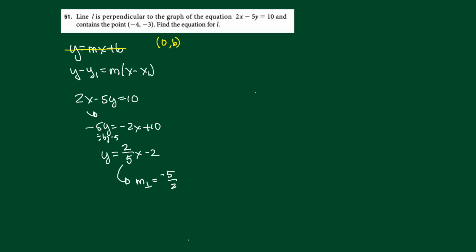So let's write exactly what we're going to do. What we want to do is this. We're going to use this form here, y minus y1 equals the quantity m times (x minus x1), with, what do we need? x1 is that first x value. Matter of fact, it's the only x value, right? -4. y1, the first y value, and the only y value, is -3, and the slope that we're going to use is that -5/2.